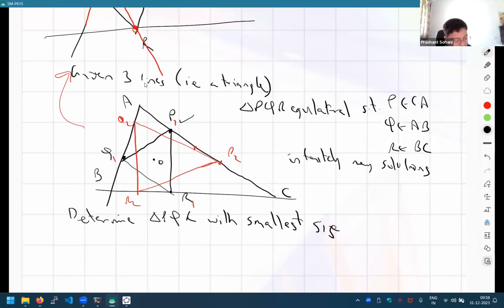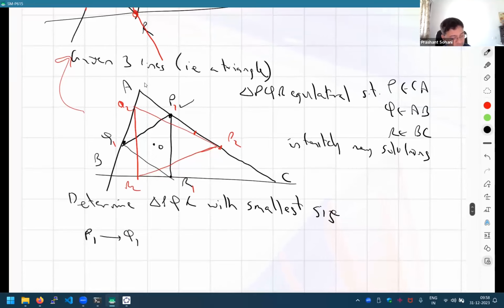So what we know is that under this spiral homothety, P1 becomes Q1, right? Under whatever operation we are going to do. So therefore, the angle formed at the center, P1 O Q1, should be equal to the angle of the rotation.